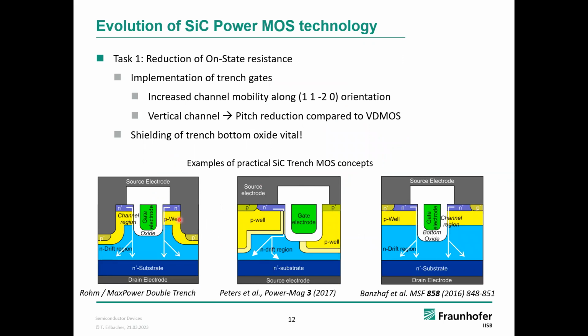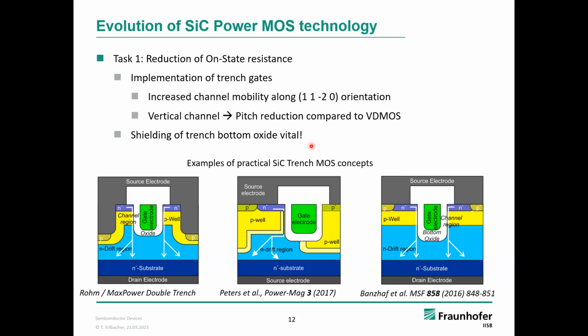There is actually a wide range of trench MOS transistors being discussed at the moment, and it feels like every company has its own idea of what the perfect trench MOS device will look like for scaling and performance capabilities. So there is not one device type as a general solution, but different companies try different approaches.